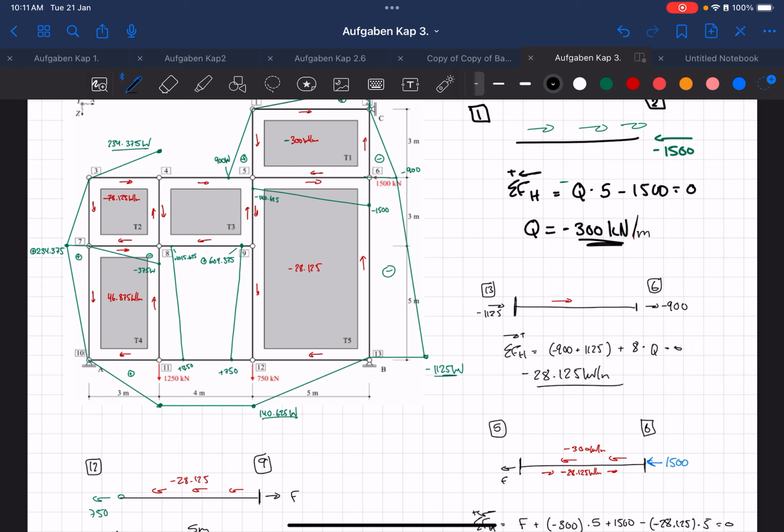Maybe I will hold off on that result. I'm just gonna test it out if that makes any sense. 93.75 we said.